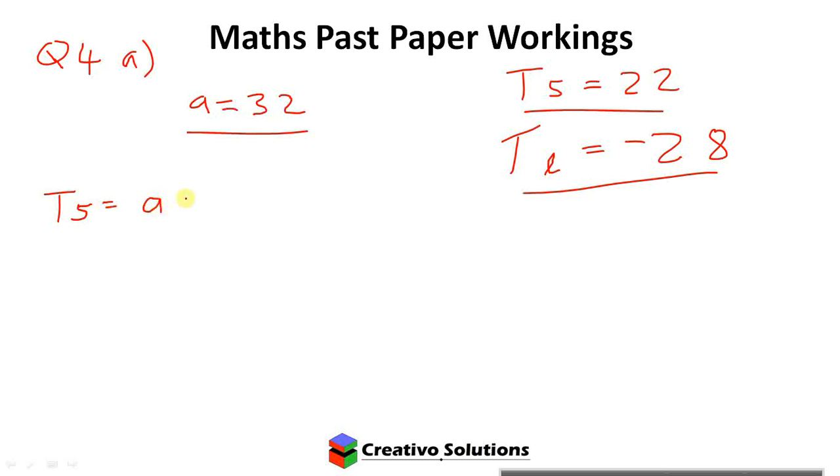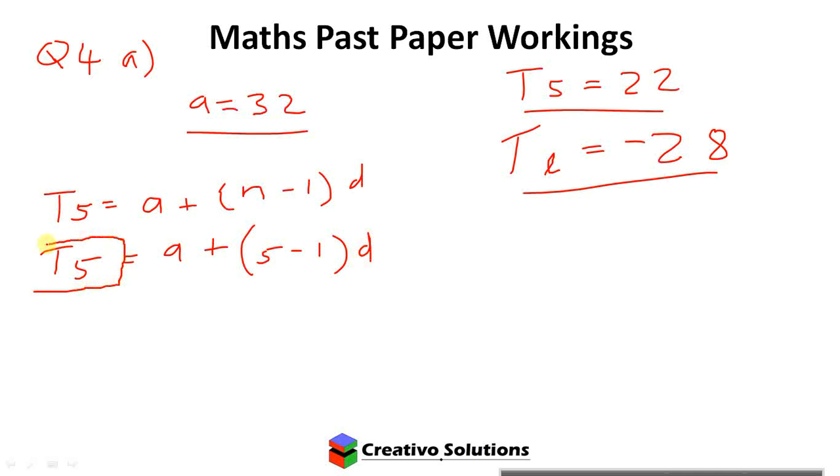Term 5's formula would be a plus (n minus 1)d, so T5 equals a plus (5 minus 1)d. I know term 5 is 22, so 22 equals 32 plus 4d. So I can work out the d.